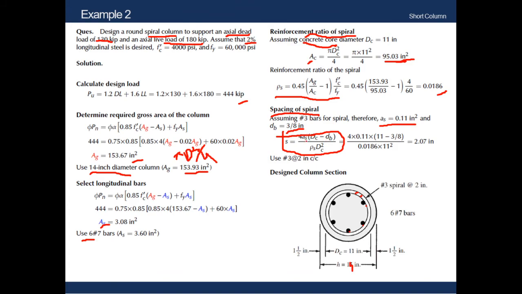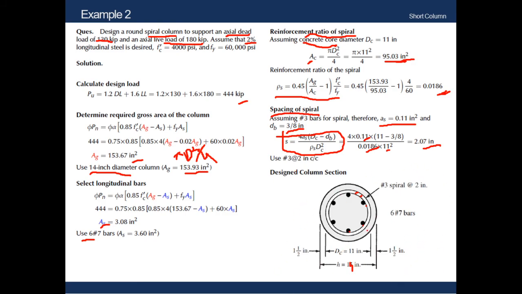As means the area of the spiral bar, which is 0.11 inches squared. The value of rho s we have already calculated, the ratio of spiral reinforcement, which is 0.0186. We have plugged it here. And at last Dc squared, where Dc is the diameter of the core, 11. In this way we will be able to calculate the spacing also, and we will conclude by drawing this figure.